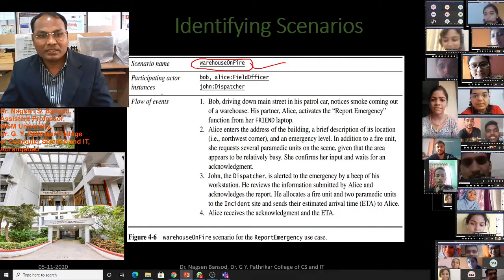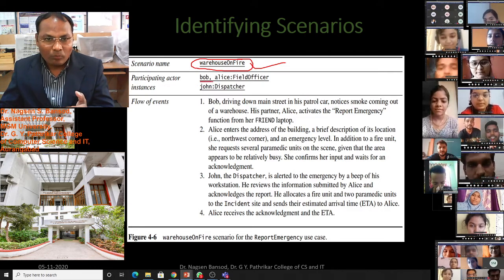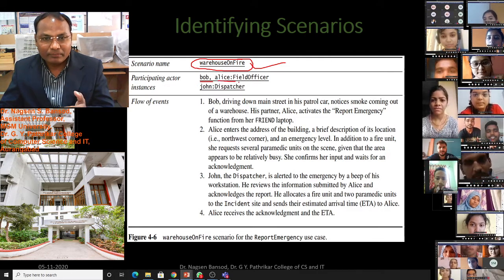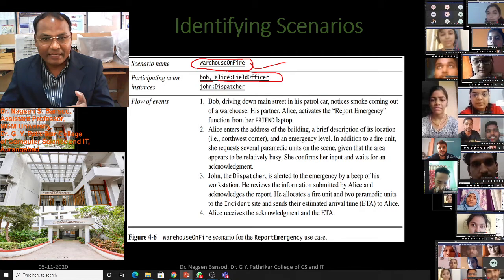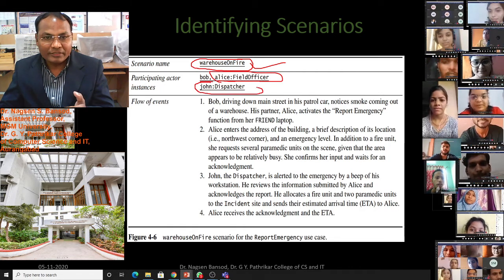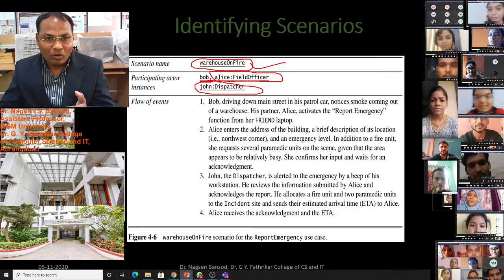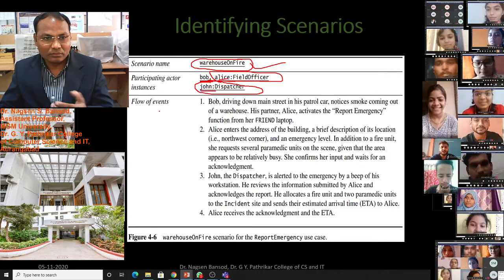Participating actor instances: Bob and Alice are field officers, and John is a dispatcher. There are three: Bob, Alice, and John.